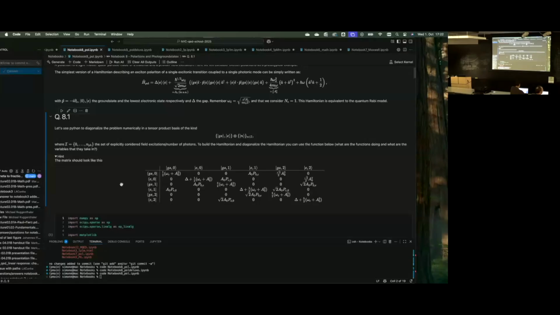But then the P matrix is exactly what defines this block here. And you can see that there's a number, lambda, which defines the coupling strength, and omega, which defines the volume strength, so the cavity mode strength. That is related to how much the cavity is confining.